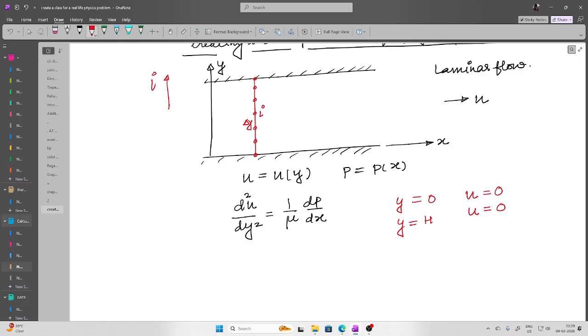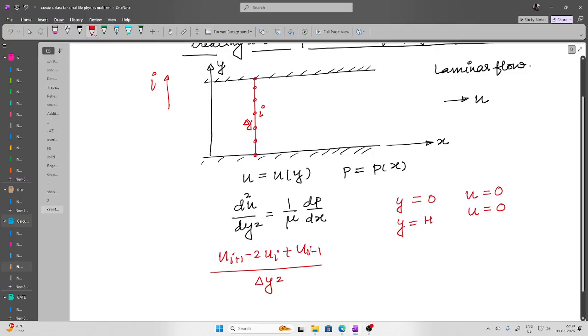So if you are at any ith location, then the value of velocity at that location can be evaluated based on the two neighbouring nodes as well as this one, for the second derivative. So it becomes ui plus 1 minus 2 ui plus ui minus 1 by delta y square, and that is equal to 1 by mu dp by dx.